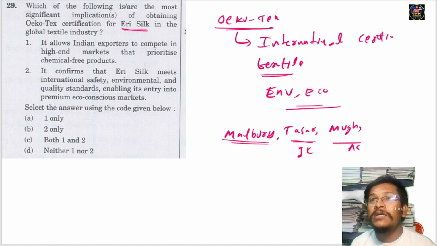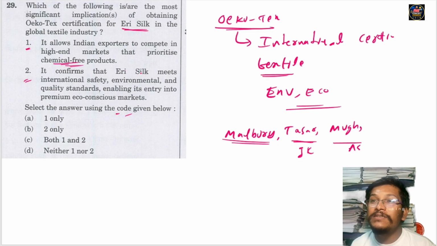Coming to statement number one, it allows Indian exporters to compete in high-end markets that prioritize chemical-free products. Correct. Oeko-Tex certification itself is about chemical-free products, testing textiles for chemicals. Next, the second statement: it confirms that Eri silk meets international safety, environmental and quality standards, enabling its entry into premier eco-conscious markets.